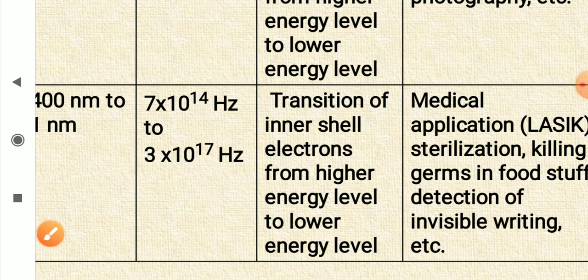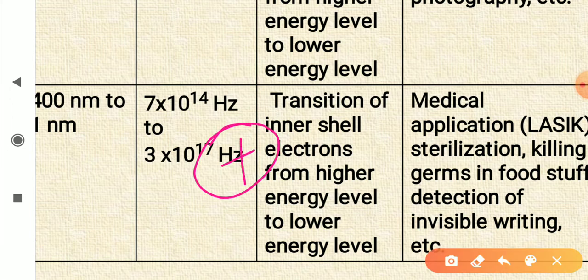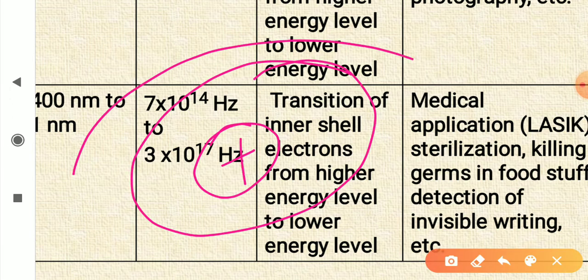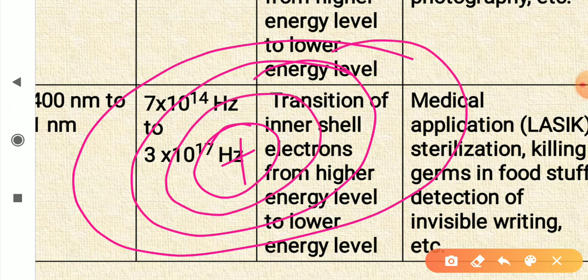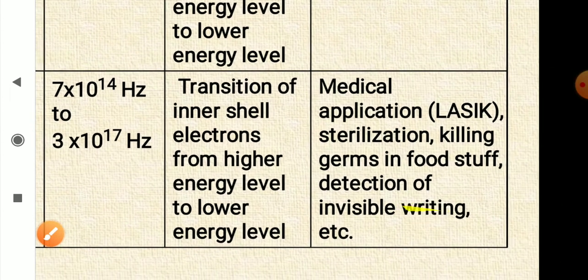See, if I am talking about inner shell electrons, so this is your nucleus, and then we have many shells, right? So if this electron from this higher energy level transits to lower energy level, then ultraviolet rays are produced. And you know that valence shells are the outermost shells. So the outermost shell electrons are responsible for visible light, and these inner shell electrons are responsible for UV rays.